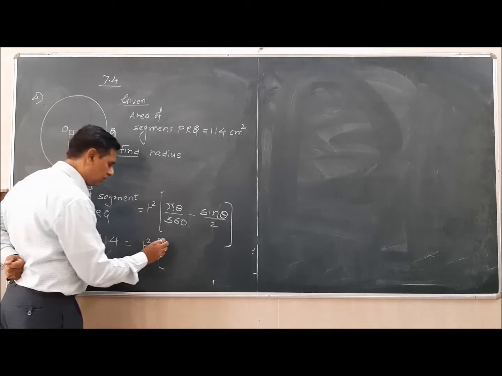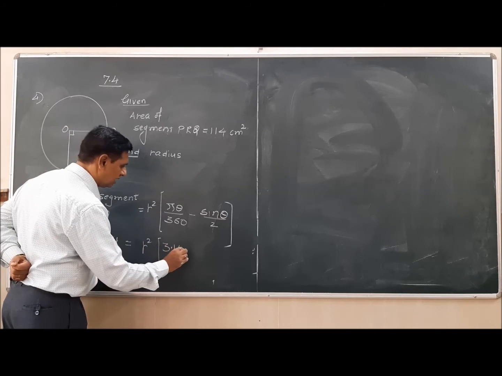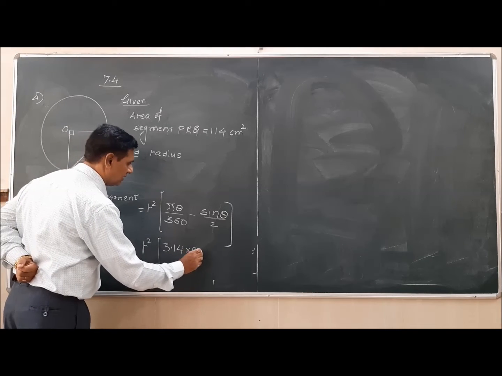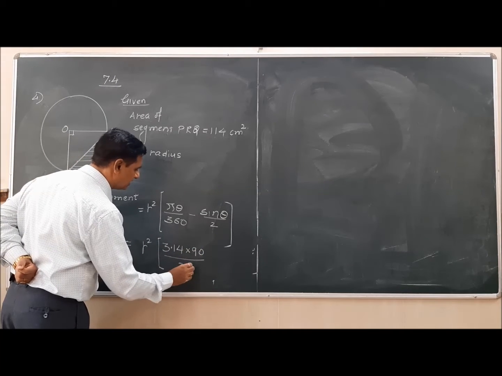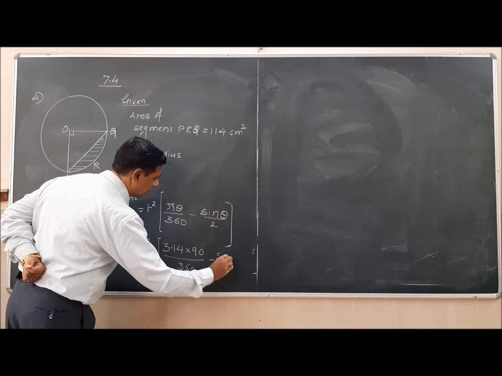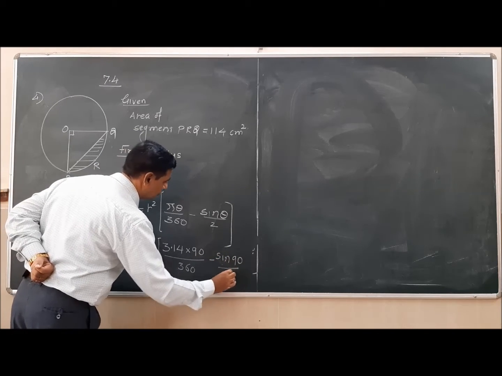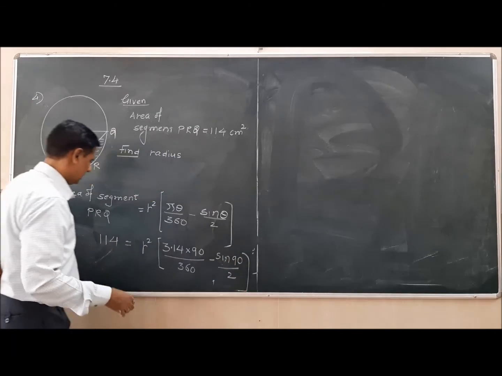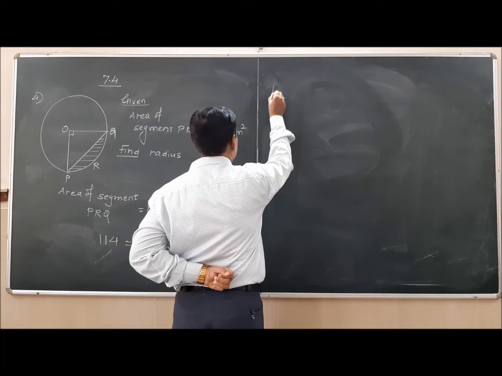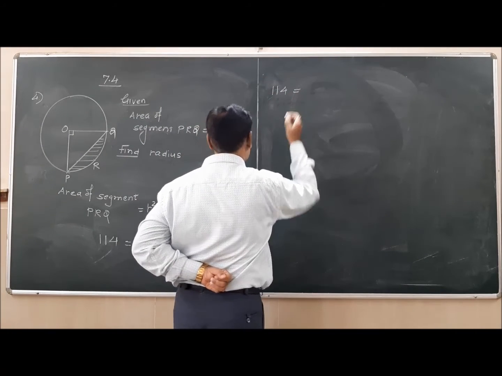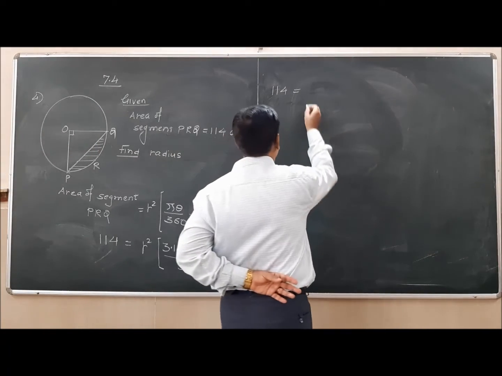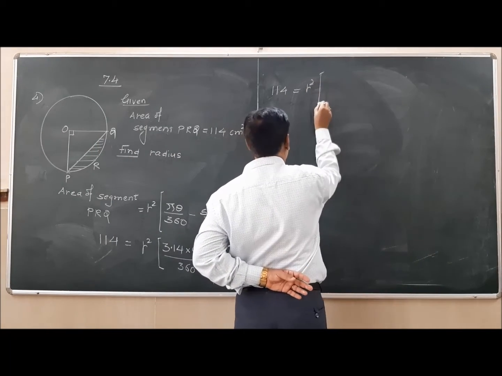Pi is always constant, 3.14, into theta, the central angle 90, upon 360, minus sin 90 upon 2. Next step, 114 I will carry further as it is, equal to r square, also as it is. We have to calculate the value of radius.